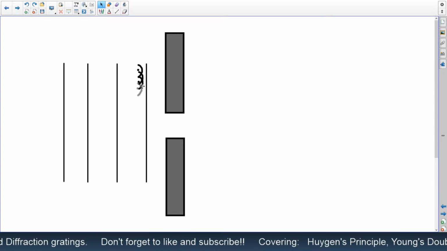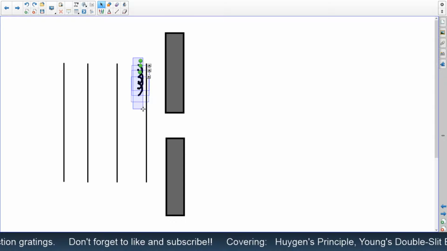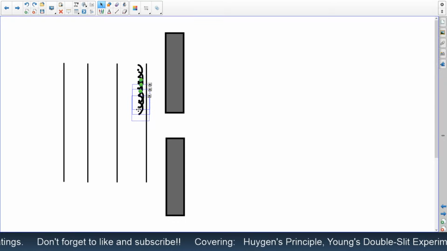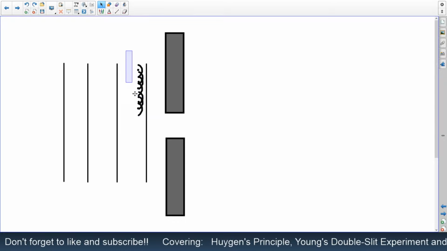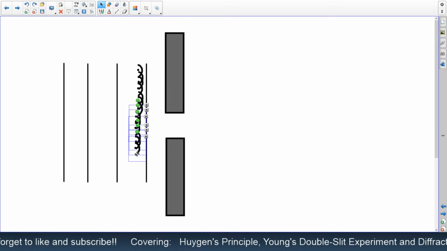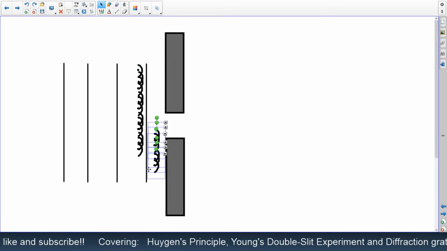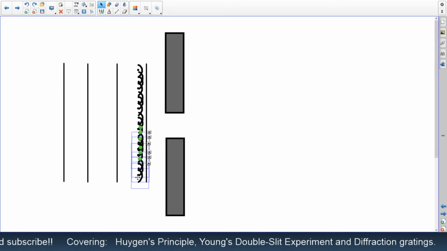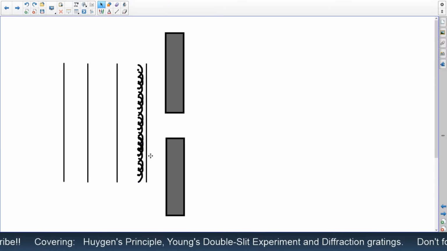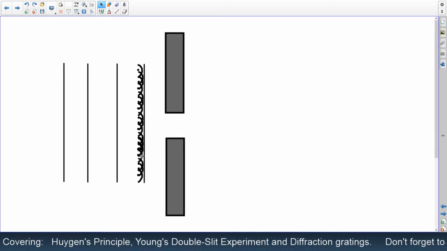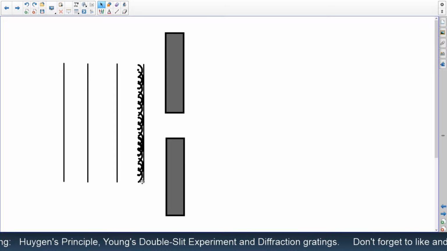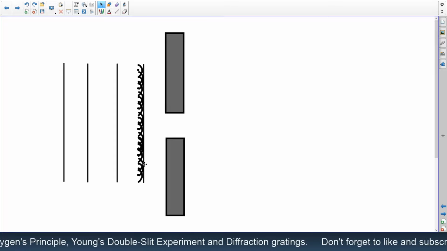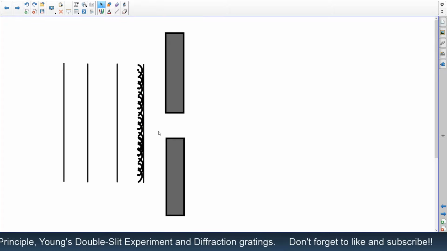One like this, and one like this, and then copy that whole lot down there. Copy and paste. How lovely. Okay, so we have this huge army of little dots that creates this wavefront. Okay, that all of these little bits and bobs add together to give what's essentially a straight wave.